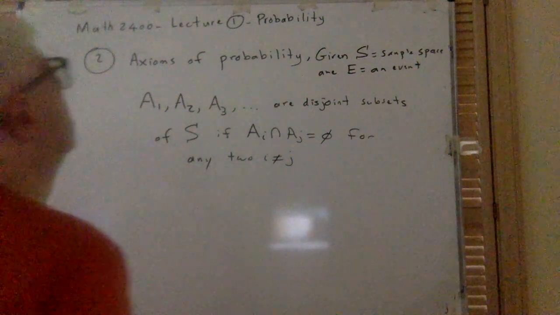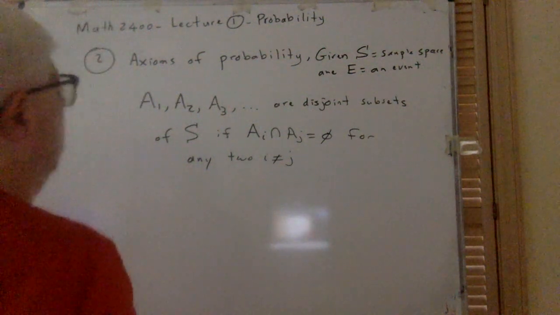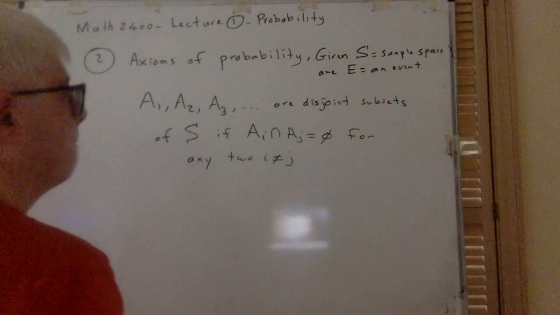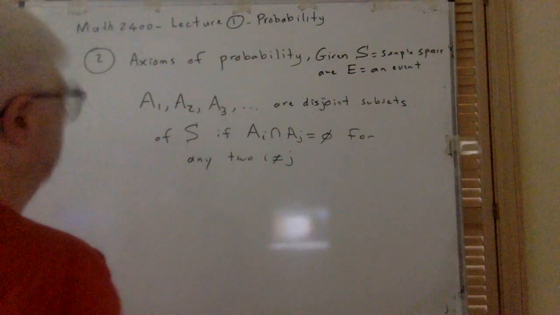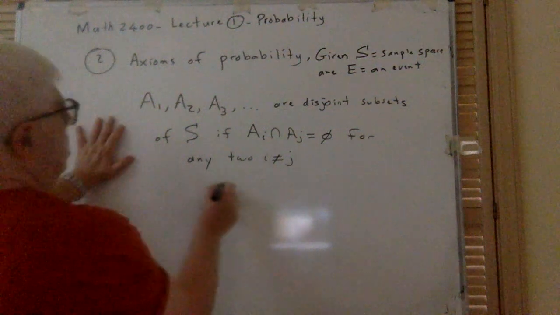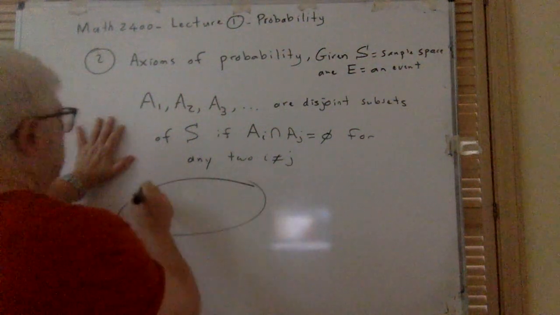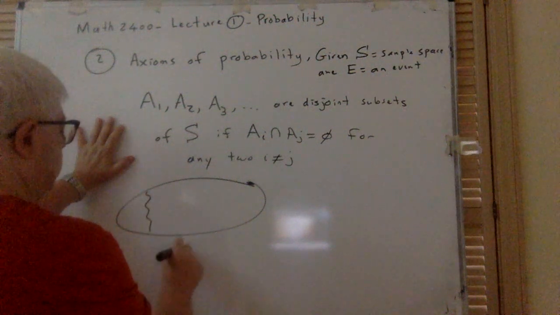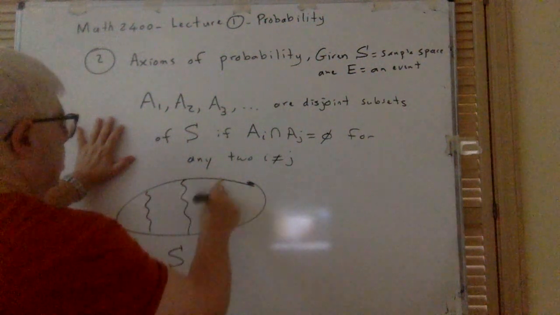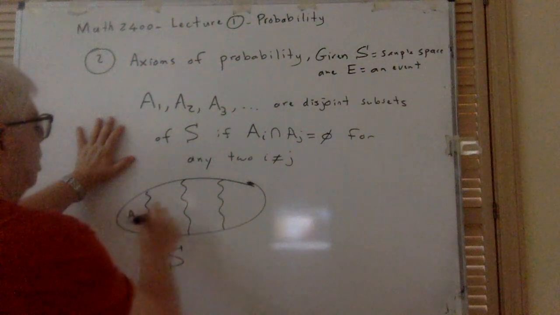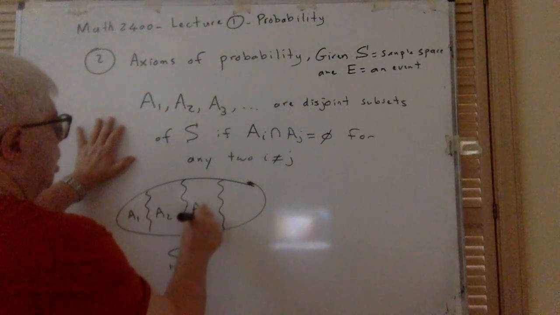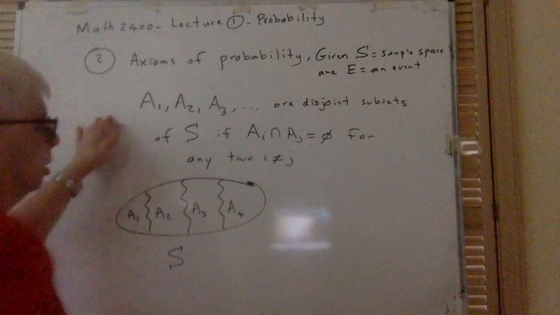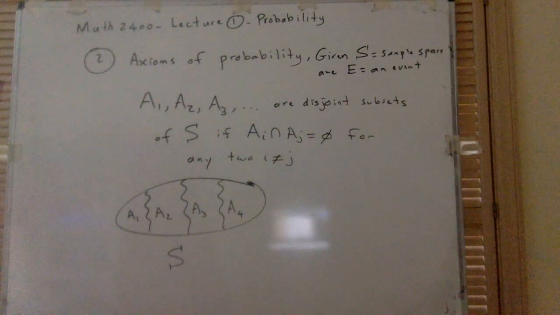Now, we will see examples of this. If S is something like this, it is a collection of some disjoint events. These are disjoint, they do not intersect.